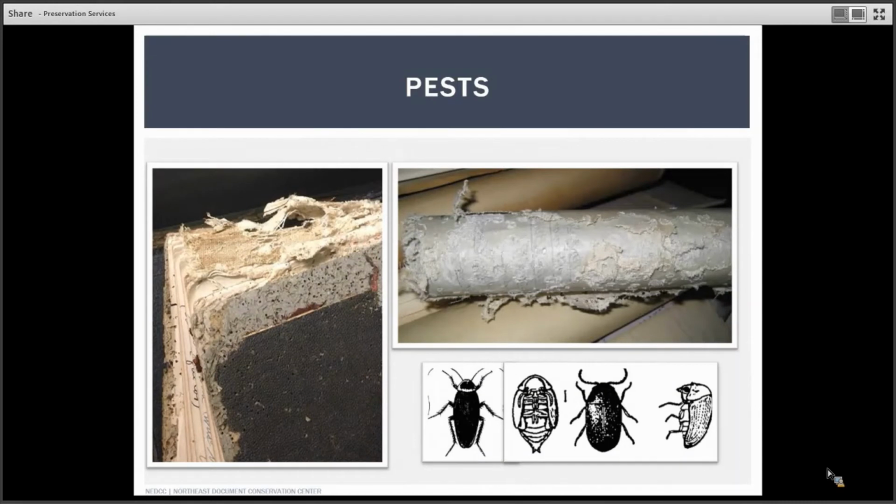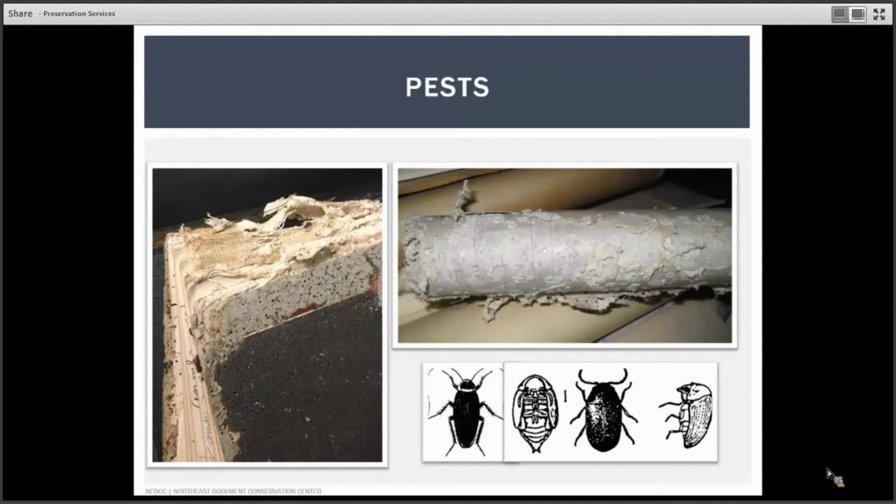When we discuss pests, we're talking about any living organism that has the potential to damage or destroy our collections. There's a wide range of pests out there, but roaches, silverfish, moths, beetles, mice, and rats are some of the most common. They can cause damage directly through their nesting and eating habits, or indirectly through their leavings.